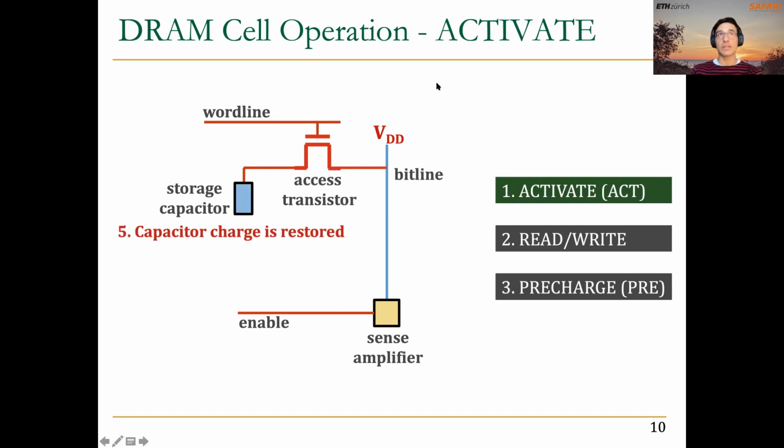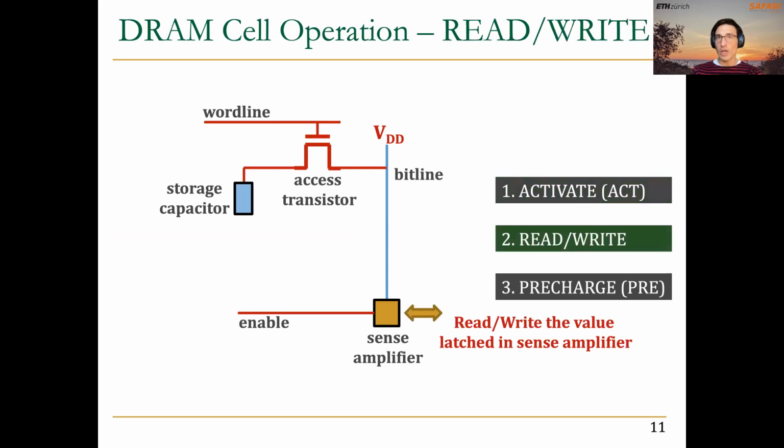After this happens, and because the word line is raised, the access transistor conducts, and that means that the charge of the capacitor is restored. And then the row buffer stores the cell value. So if we had 1 here, now we have 1 here in the sense amplifier. If we had 0 in the storage capacitor, now we have 0 in the sense amplifier.